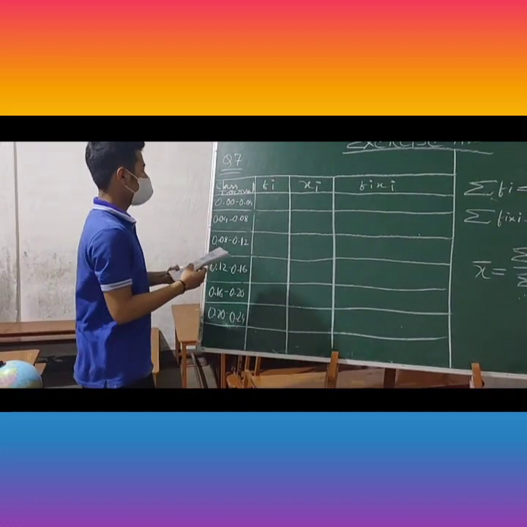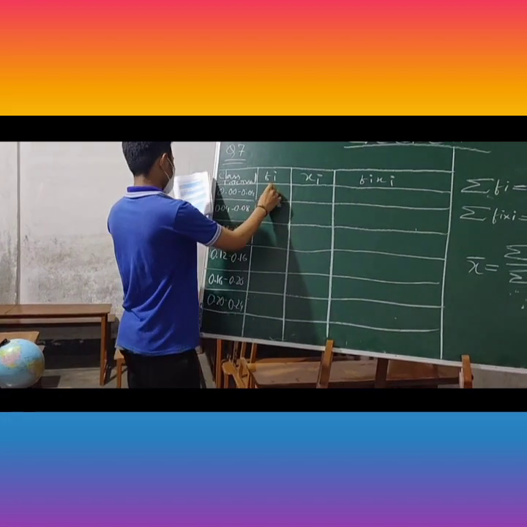Now I have put the class interval. Now let us put the frequency of the table.